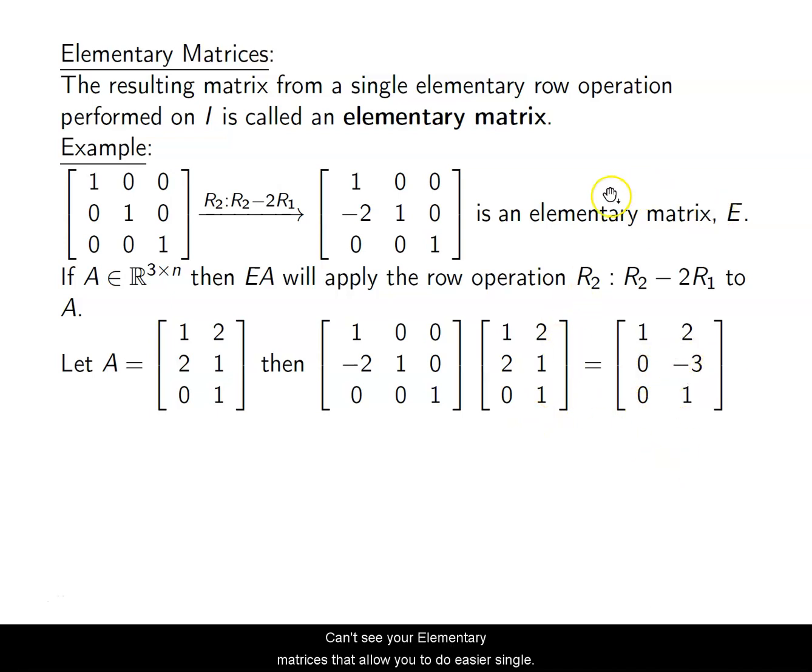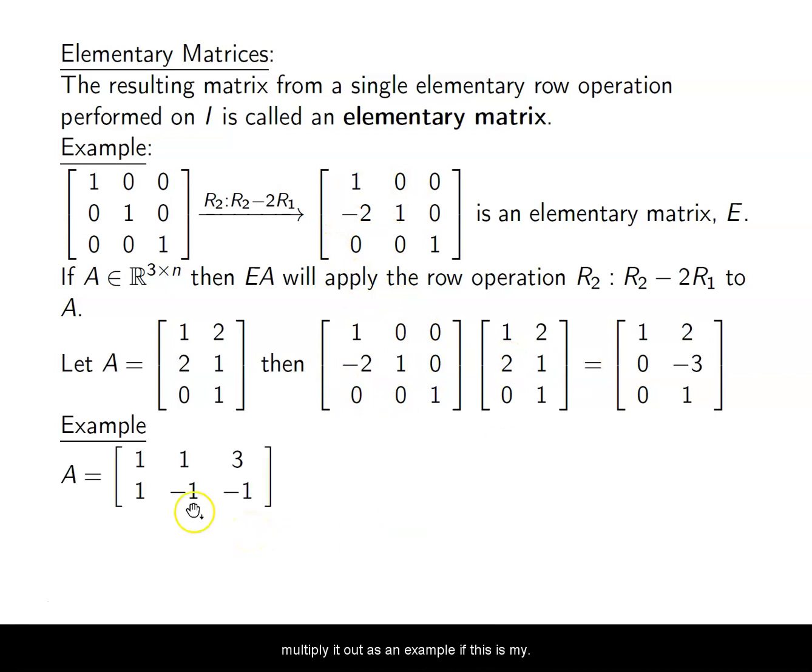Your elementary matrices allow you to do easier single row operations on the identity, which is always way easier. Because look what it's doing. It's literally telling me what I'm doing. I'm taking R2 and I'm subtracting 2 of R1, and it'll do that for me. Instead of doing it piece by piece, I can just say, hey, this is an elementary matrix, multiply it out. So let's look at this as an example.